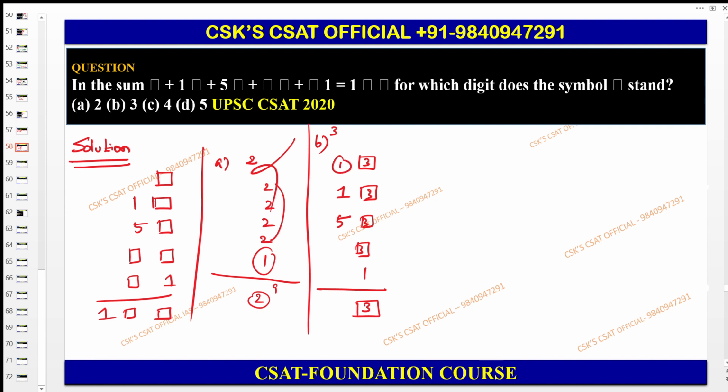So 1 carries here. So here 3. Then here also 3. So that, okay, check here. So therefore you are getting here 7, 10, 13. Yes, it satisfies this one. Then 3 satisfies. Then stop here itself. Don't check with the 4 and 5 and all. The answer for this question is option B. Getting everyone?